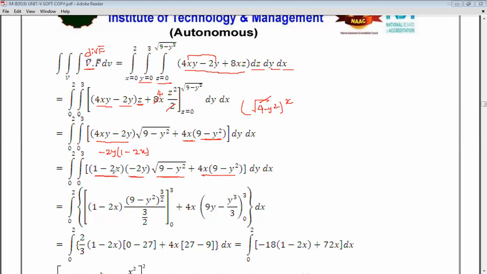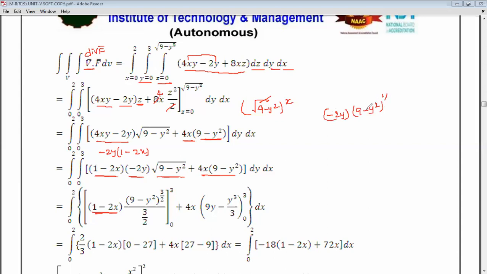Now we need to apply integration with respect to y. With respect to y, this is a constant, so write 1 minus 2x as it is. If you observe, we can apply direct integration. Is there any formula here? Minus 2y into 9 minus y square whole power 1 by 2.